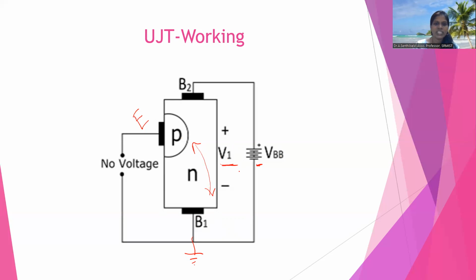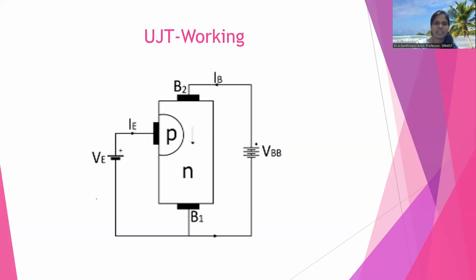Next, we apply some positive voltage to the emitter. When a positive voltage is applied, the P-type material releases some holes. After applying this positive voltage, this region generates holes, and the holes move towards B1.